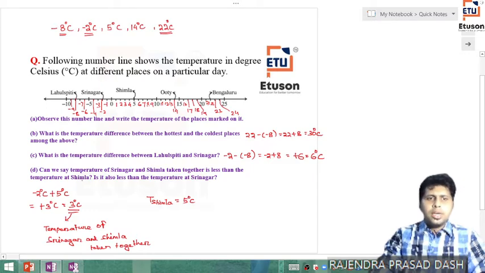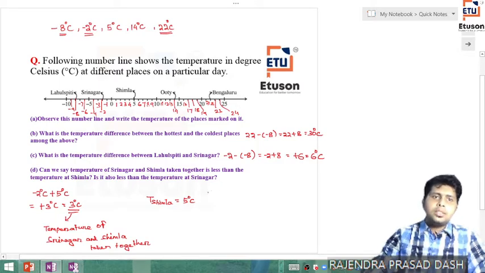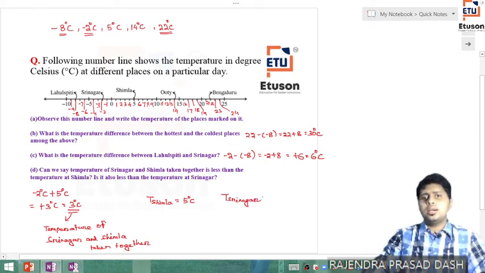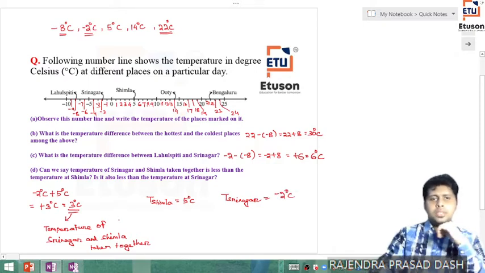So yes, we can say that the temperature of Srinagar and Simla taken together is less than the temperature of Simla. Next question is, is it also less than the temperature of Srinagar? I am representing the temperature of Srinagar as T Srinagar. T Srinagar is -2 degrees Celsius, and the temperature of Srinagar and Simla taken together is 3 degrees Celsius.